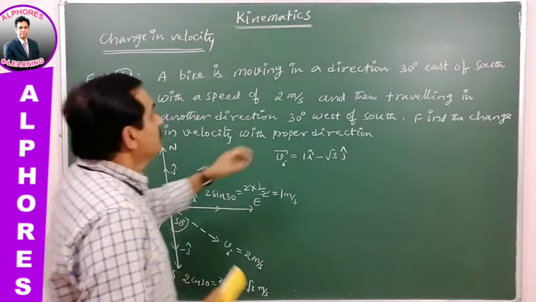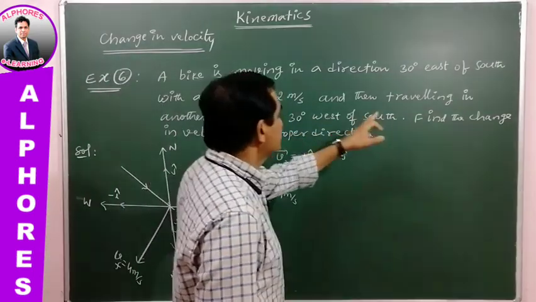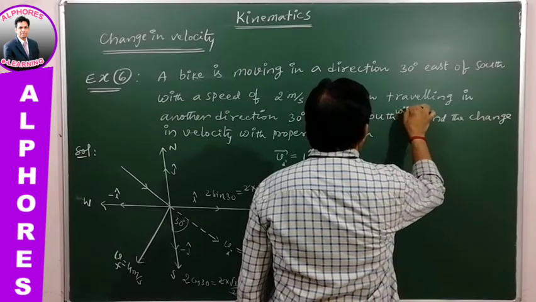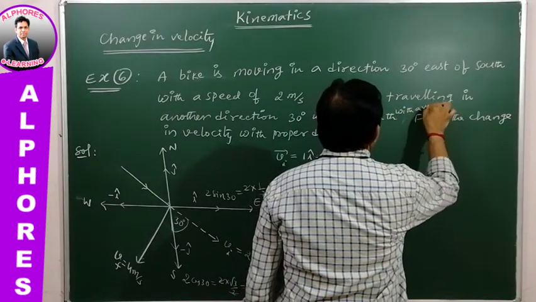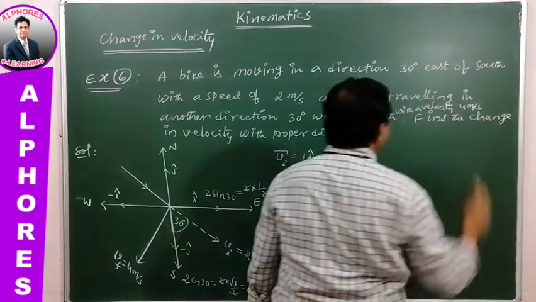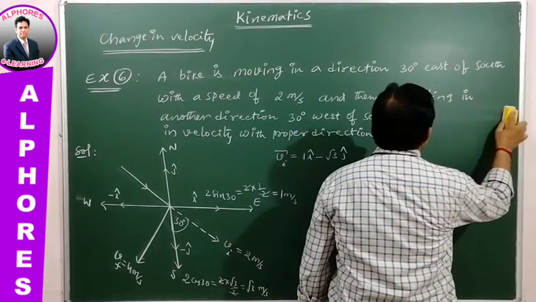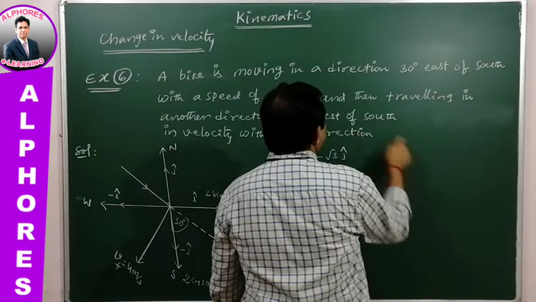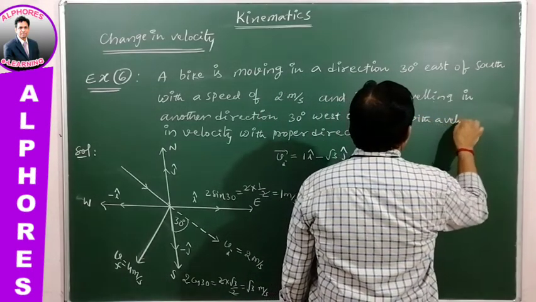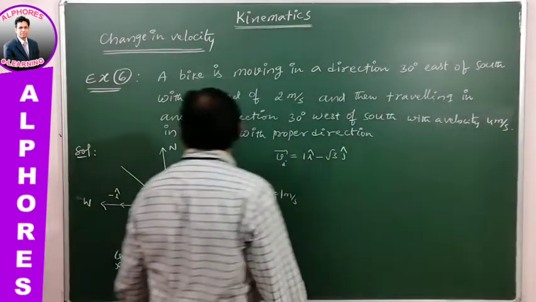See here. And then traveling in another direction 30 degree west of south with a velocity 4 meter per second. Okay, so you have to correct this question. 30 degree west of south with a velocity 4 meter per second.